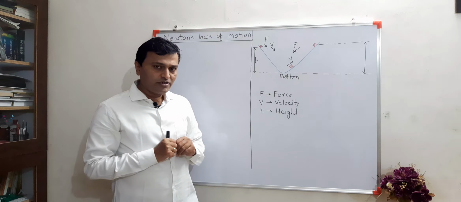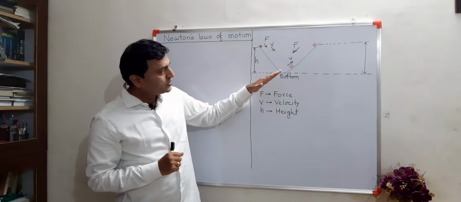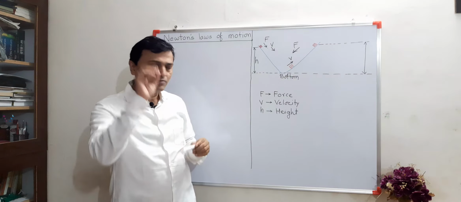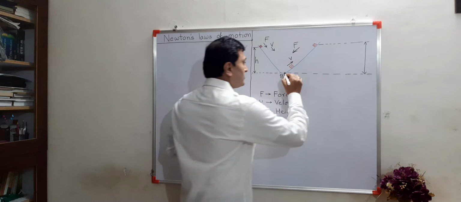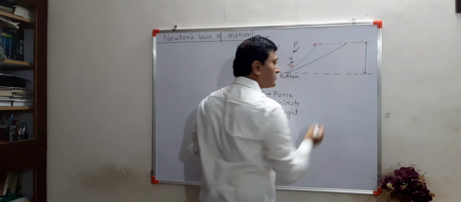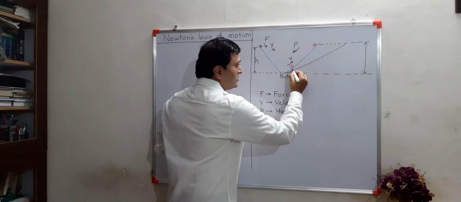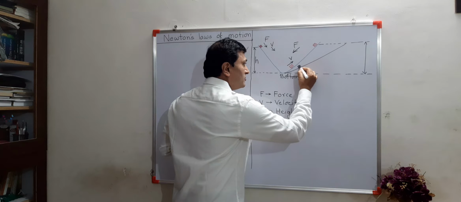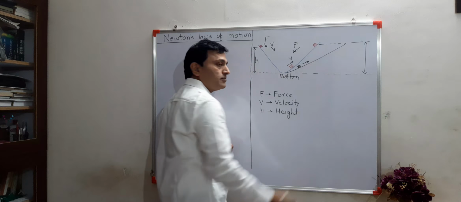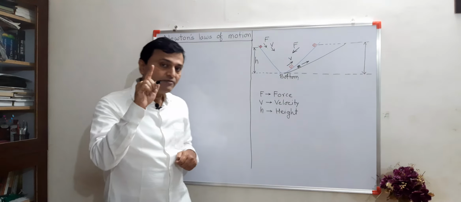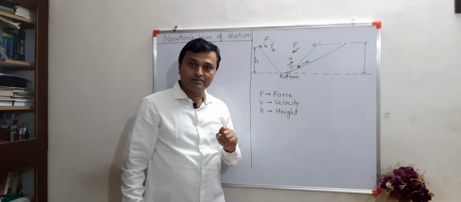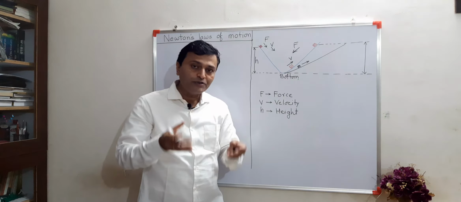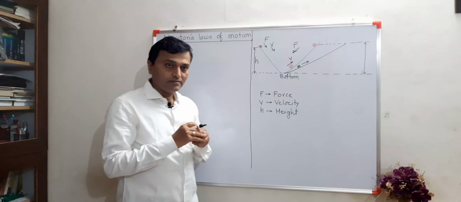Now, one question is, suppose this slope is at some different angle. Suppose the slope is at this angle. Then this object will go in this direction, but again it will achieve the same height because there is no loss of energy, as we have assumed that there is no friction.